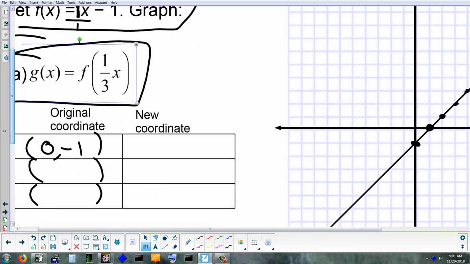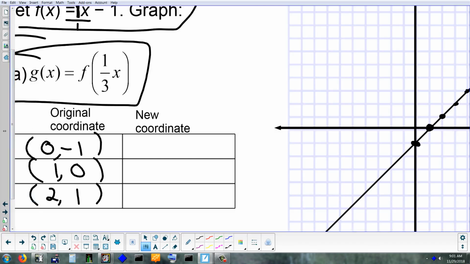One, 1. Not quite. 1, 1 would be up here. But you could go right 1 and then 0. So you could do 1, 0. And how about one more? 2, 1.